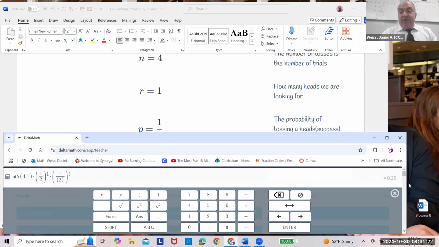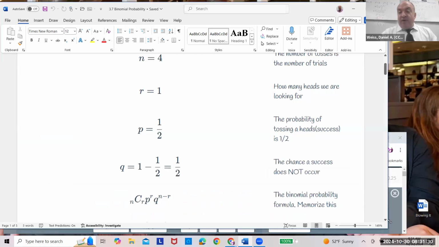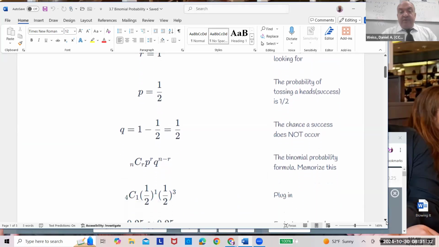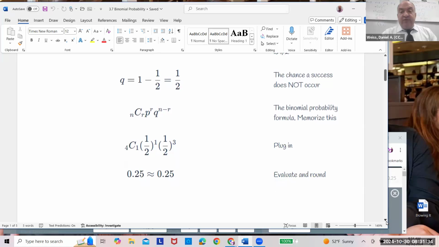And now do you see my answer over here is 0.25? That's my answer. You will find, putting in the numbers, you will get 0.25. All of the problems in the Delta Math assignment will be to the nearest thousandth. So 0.25 just stays 0.25.